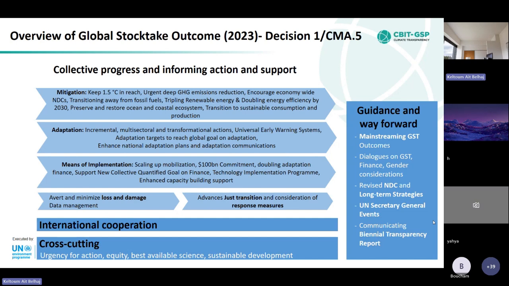The global stocktake further emphasized the international cooperation, the just transition, and some cross-cutting principles, like, for example, equity, urgency, and science-based actions.